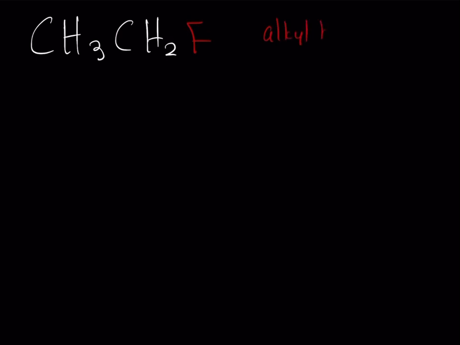Now what if we have a CH3CH2F? So this is called an alkyl halide or haloalkane. So this happens whenever you have a carbon attached to either a chlorine, a fluorine, an iodine, or a bromine.